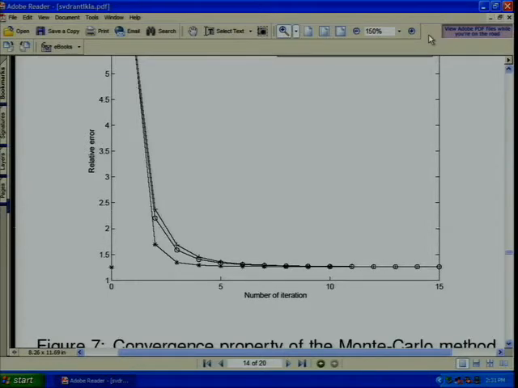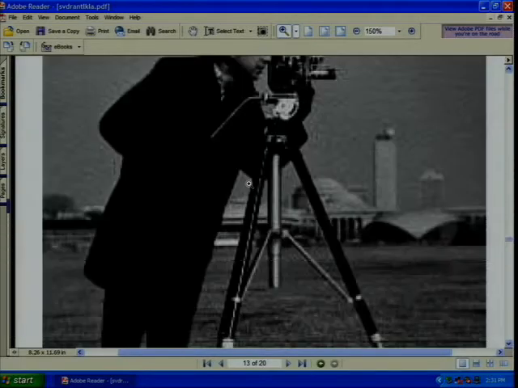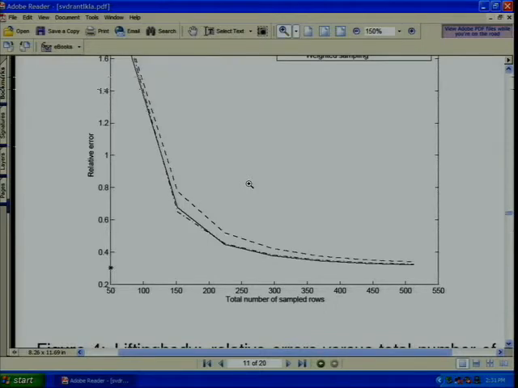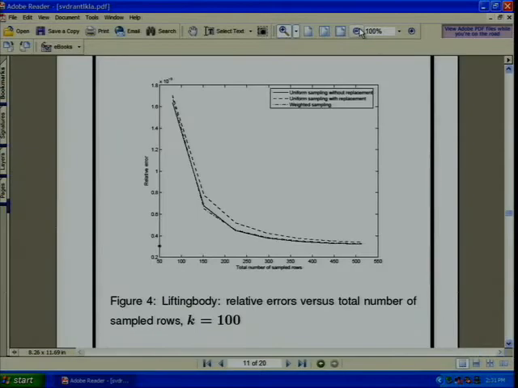So you take A. Let's try to explain: what is the error here? If you get to 0 or something, that means you restore the full matrix.